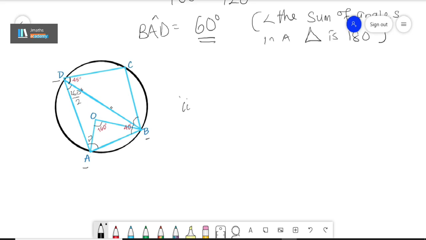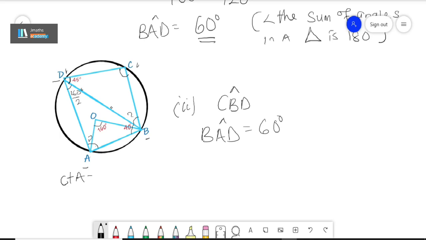Now we have to find the angle CBD. So this is CBD, we have to find this angle. To find angle CBD, recall that BAD is equal to 60 degrees. This diagram is a cyclic quadrilateral, where the sum of opposite angles is 180 degrees. It implies that angles C and A sum up to 180 degrees.